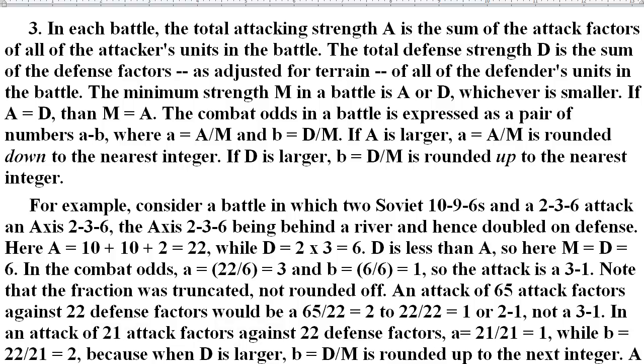If D is larger, A over M is equal to 1, and D over M is some number that is rounded up to the nearest integer. Notice that the rounding is down or up depending on whether you're rounding the attacker or the defender number. And I now give some examples.